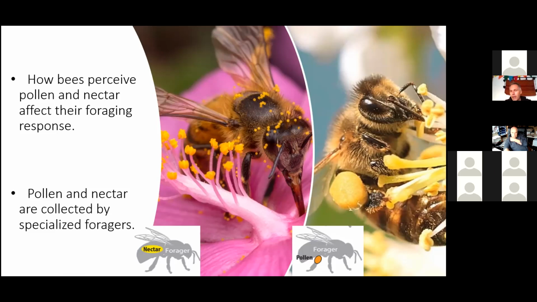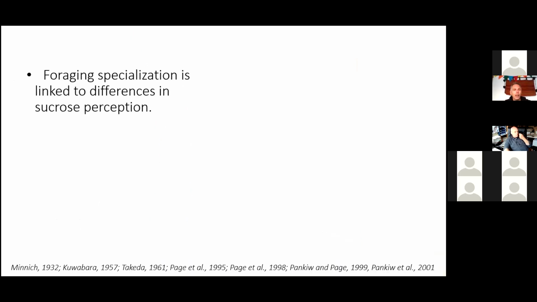But on the other hand, pollen foragers rarely consume pollen at the sources. Indeed, they transport pollen to the hive externally in their hind legs, in specialized structures called corbicula.